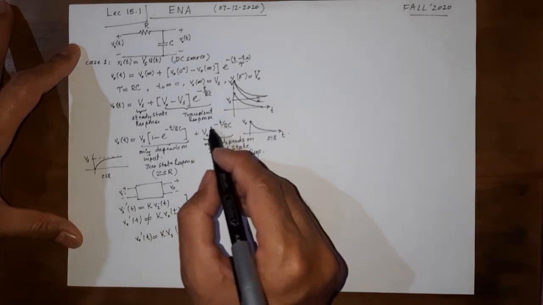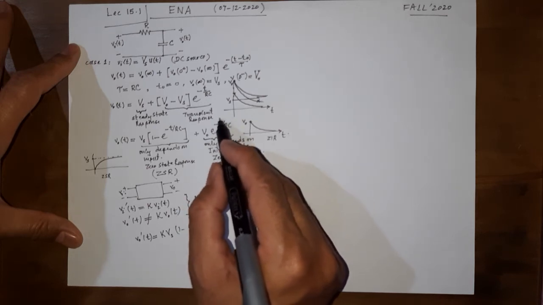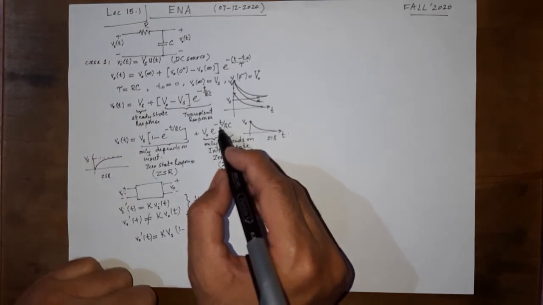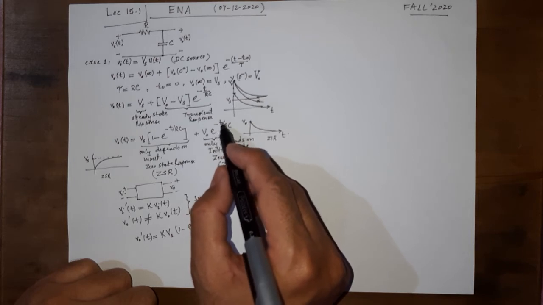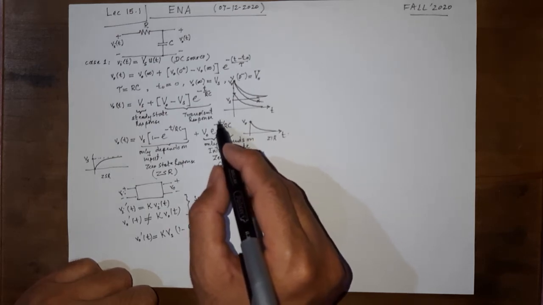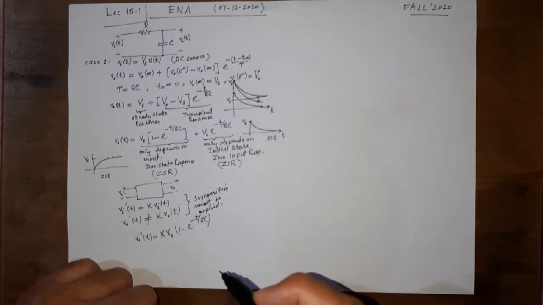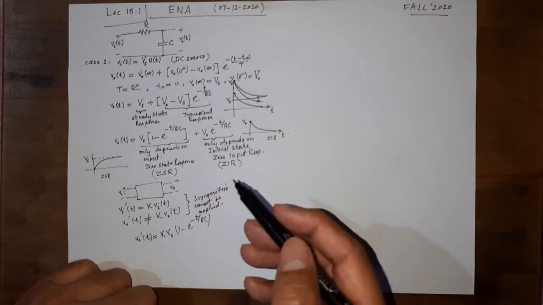Note this term, e raised to the power minus t over RC: this is not dependent on the initial condition, and is not dependent on the input voltage value as well. It is purely dependent on the circuit, the build-up of the circuit. So the R and C in there, the element values and how they are connected together. If they are connected differently, this term may be different.